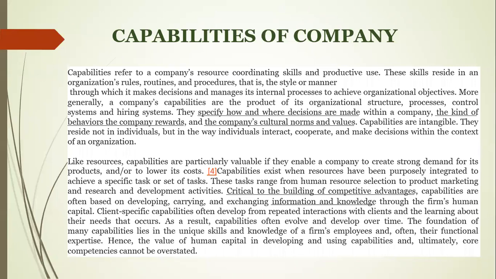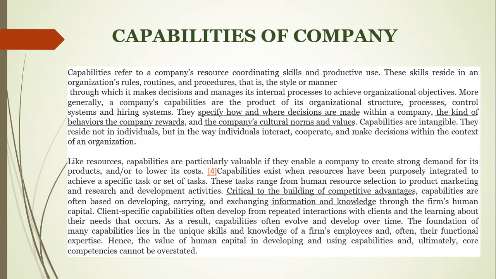So we know that resources are very important for an organization. Resources can be tangible resources or intangible resources, right? Some of the commonly visible resources for an organization are physical resources like plant and building.